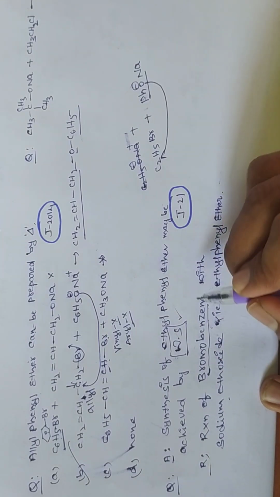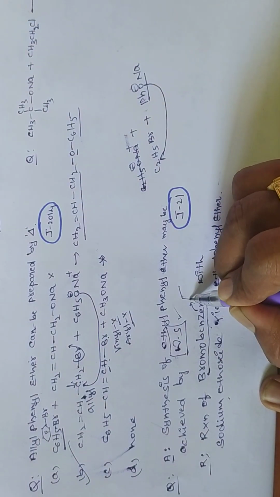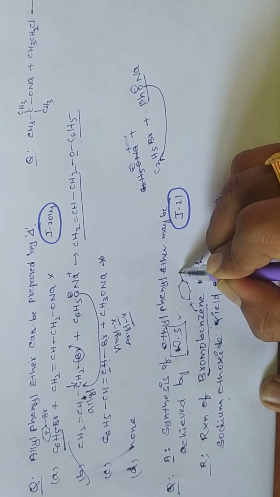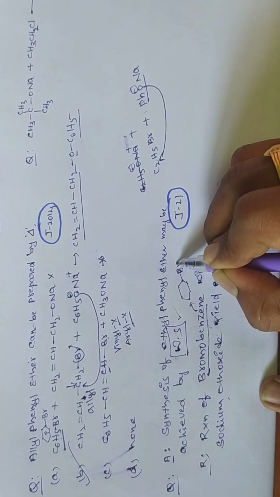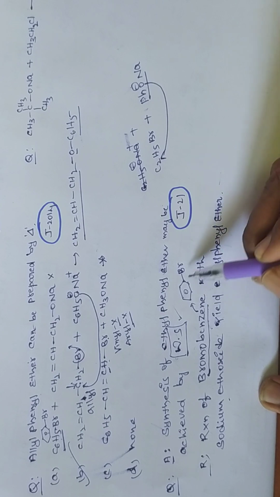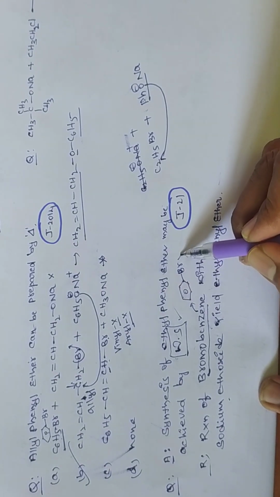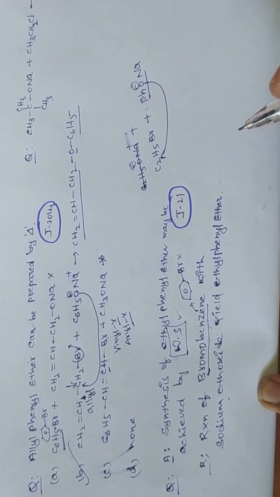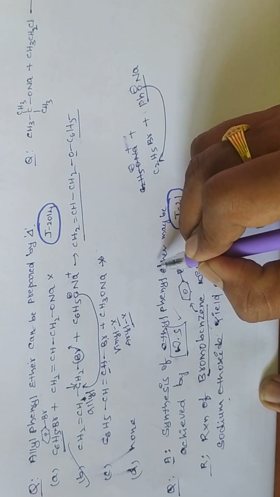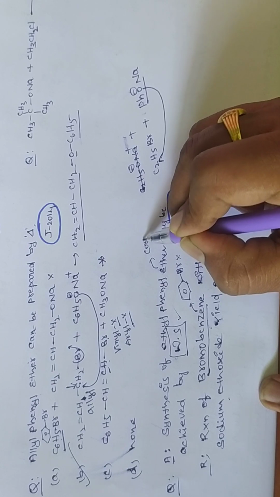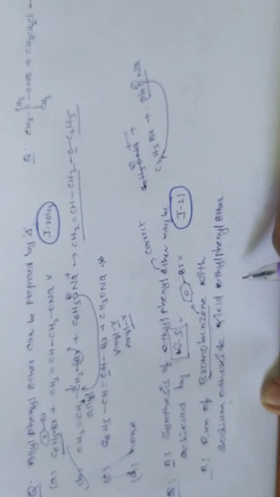Bromobenzene means the halogen is attached to the benzene ring. In the absence of electron withdrawing groups, aryl halides do not undergo nucleophilic substitution reaction. So therefore, the assertion is correct. The reason is incorrect.